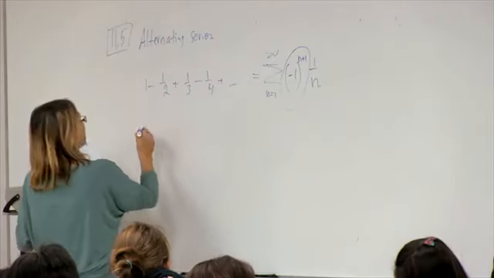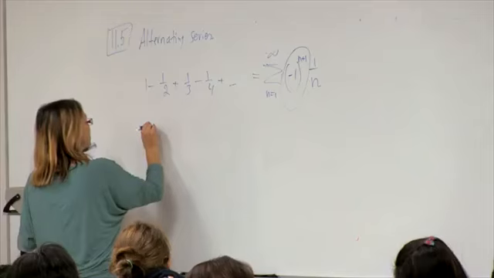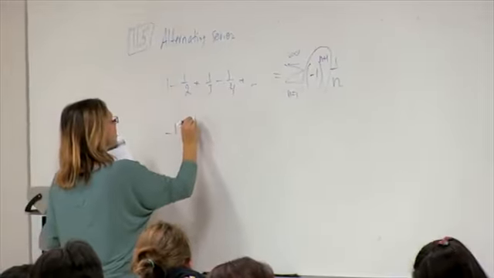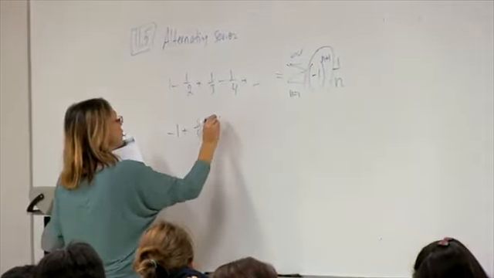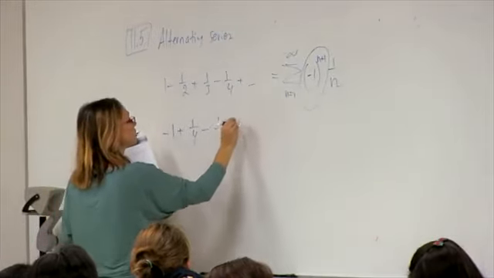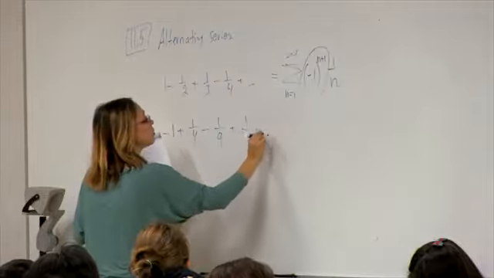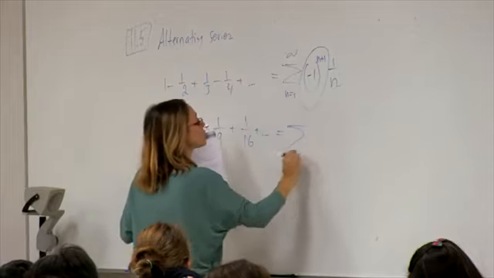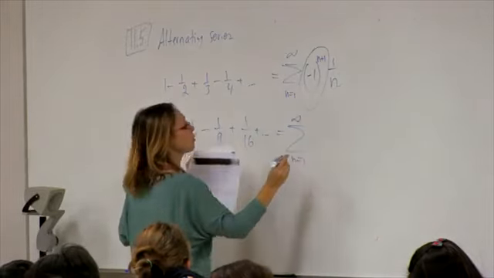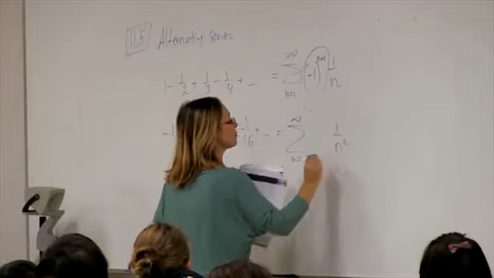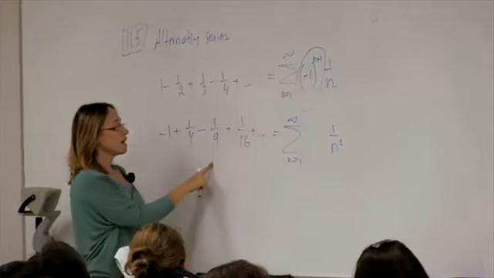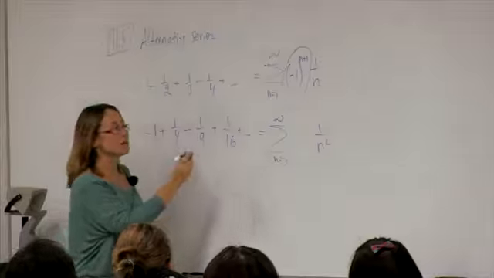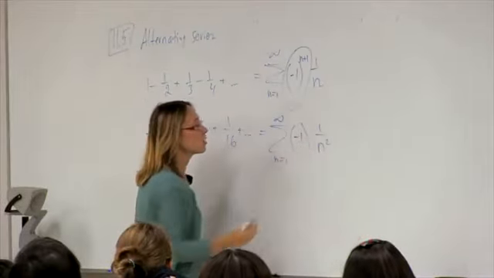Actually, let's look at this. So we have minus 1 plus 1 over 4 minus 1 over 9 plus 1 over 16. What is that? So each term looks like 1 over n squared, okay? And it has alternating signs. So I have minus 1 to what power?